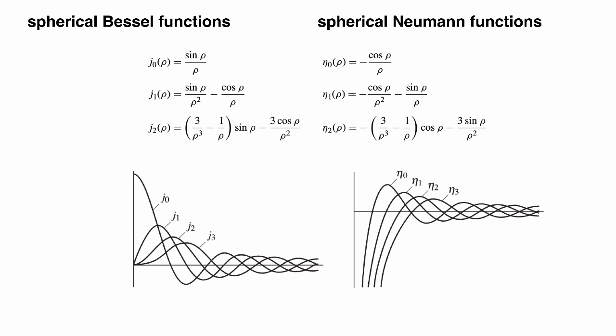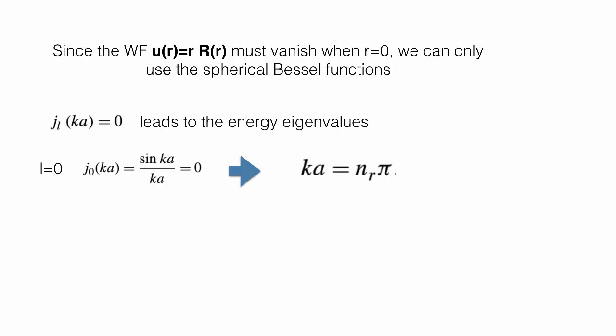So this is kind of a universal property that we find for these spherically symmetric solutions. By the way, these are the solutions for R, for big R. So it's perfectly fine for big R to be finite at the origin, since U is going to be 0. Remember, U of r is obtained by r times small r.